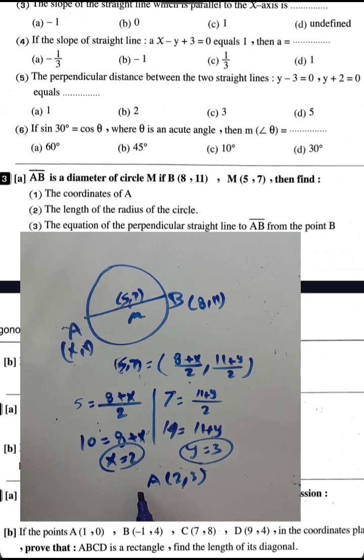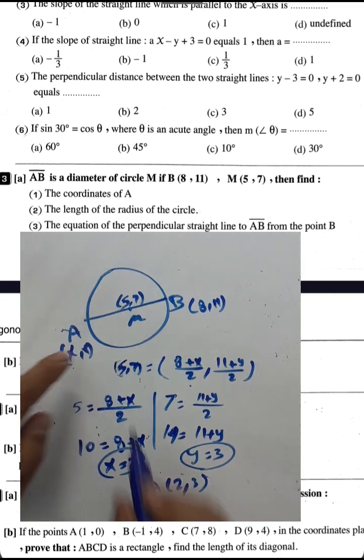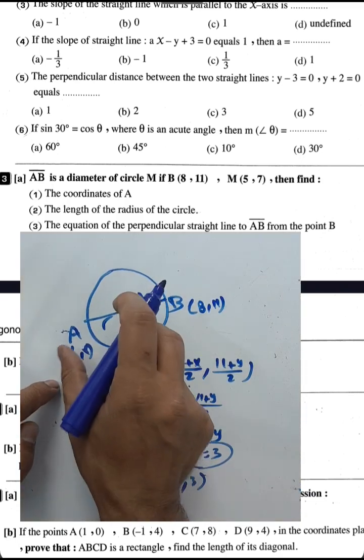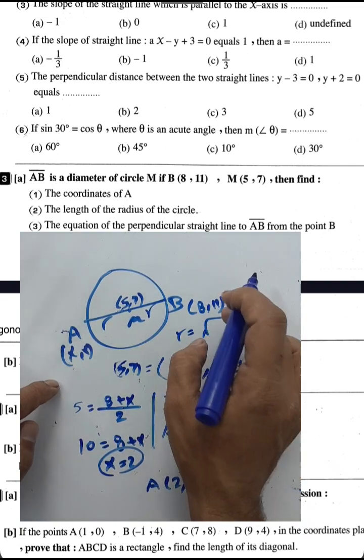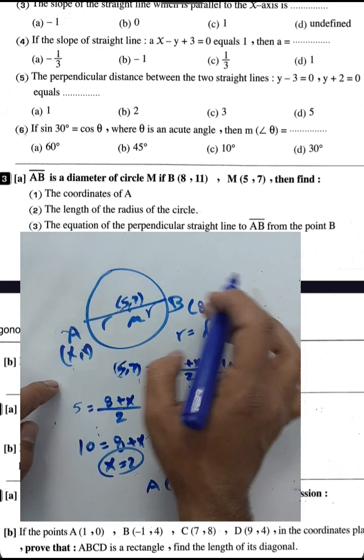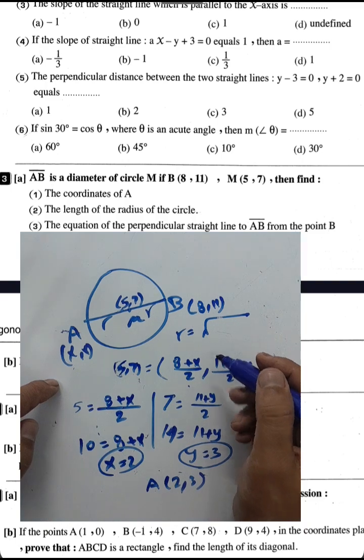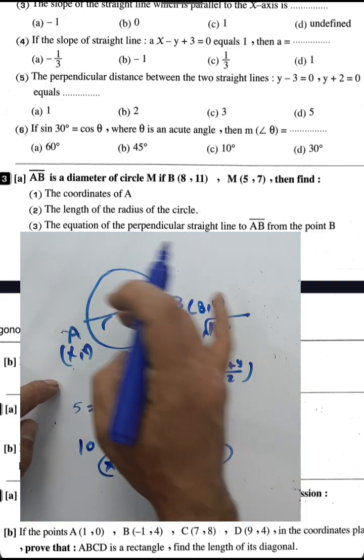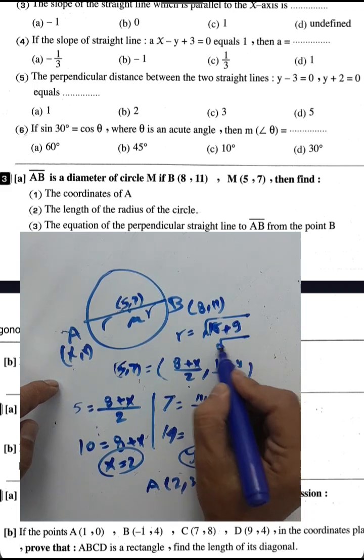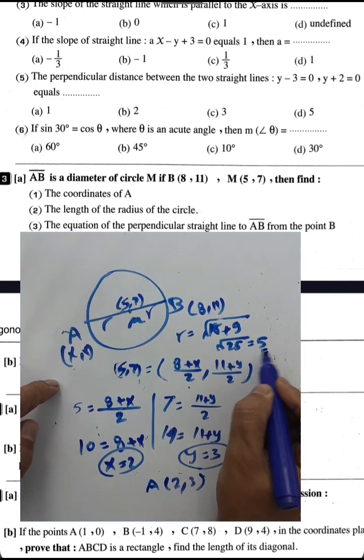Then he wants to find the length of the radius. The radius is MA or MB. You can find the radius between M and B: 11 minus 7, 4 squared equals 16, and 8 minus 5, 3 squared equals 9. The result will be the square root of 25, which is 5 length units.